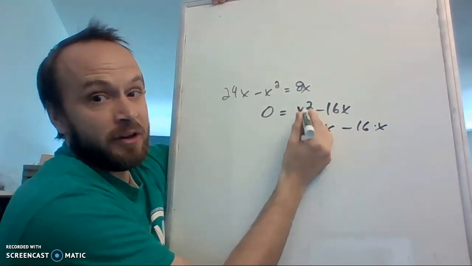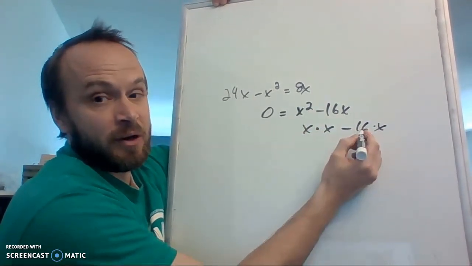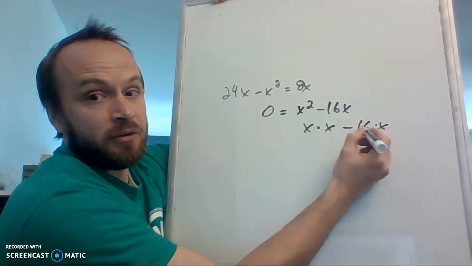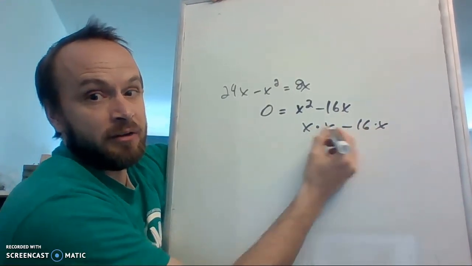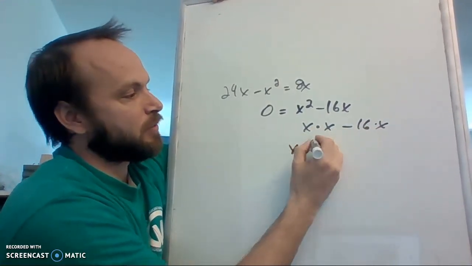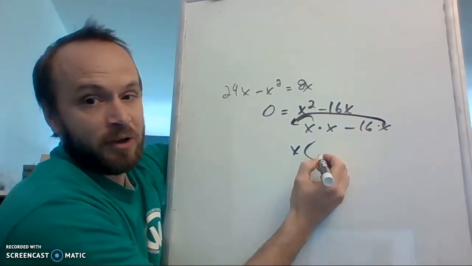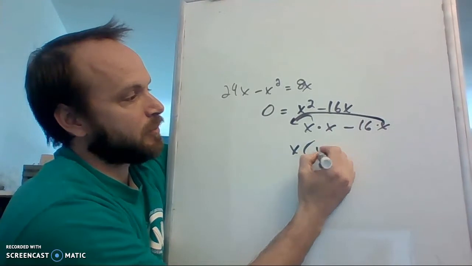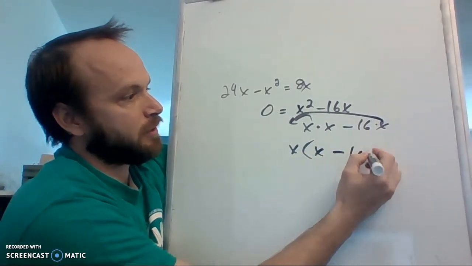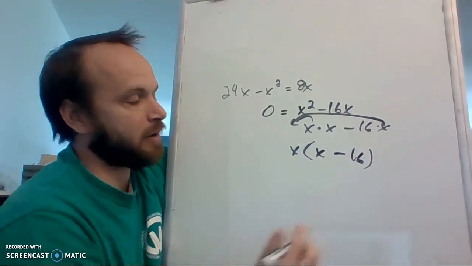Instead of x squared, I write it as x times x and minus 16 times x. I notice there's a single x being multiplied in each of these terms. If I bring that out front, what am I left with? I'm left with x times the quantity x minus 16. That's called factoring it out.